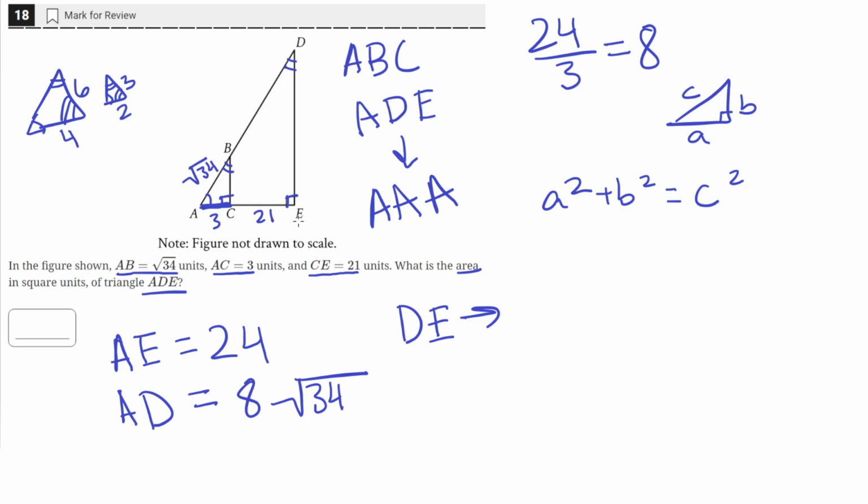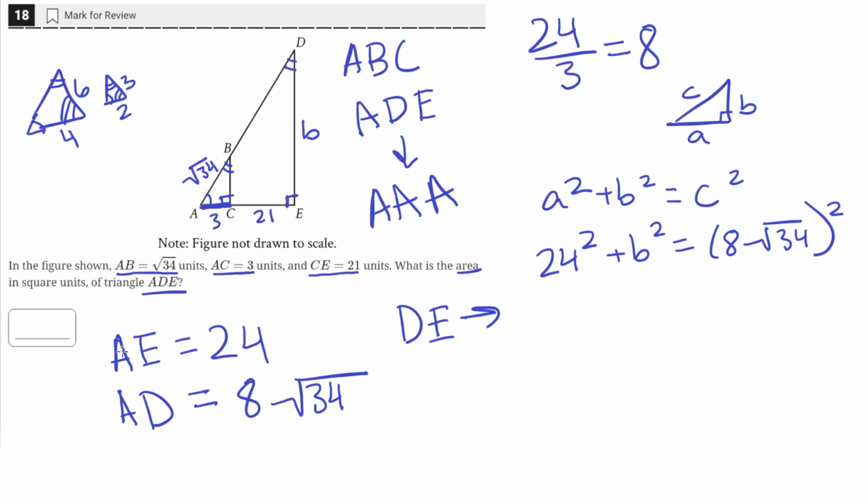So for the large triangle, we know that the hypotenuse is 8 times the square root of 34. So that'll be c. And then the legs. We know that this side here is 24, so we'll square that. And we're going to solve for b.